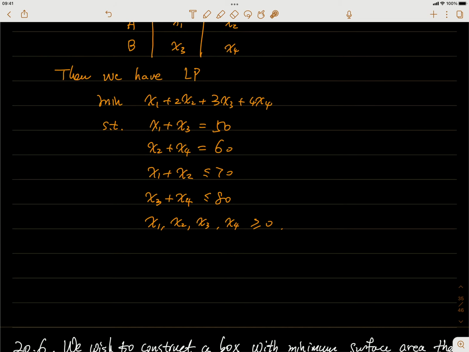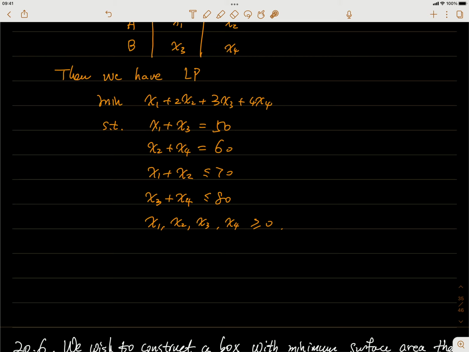As we can see, it's basically already in the form of a standard form, right? No, I should say that in this case we still need to do something else to convert this to standard form.